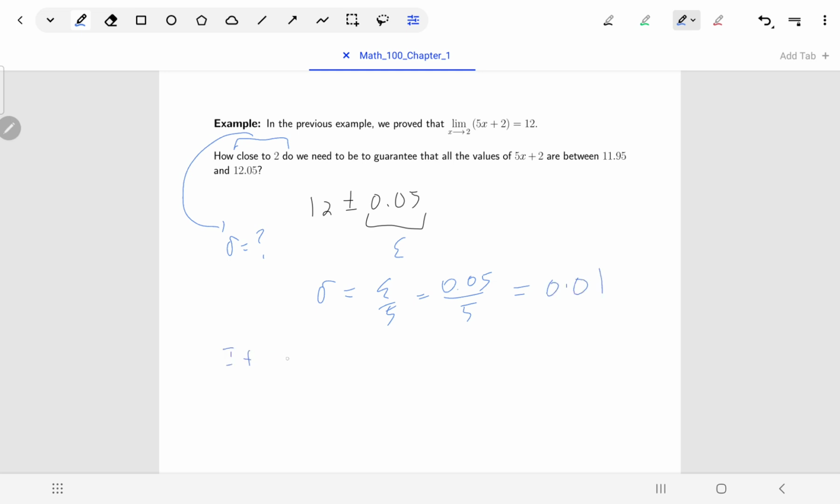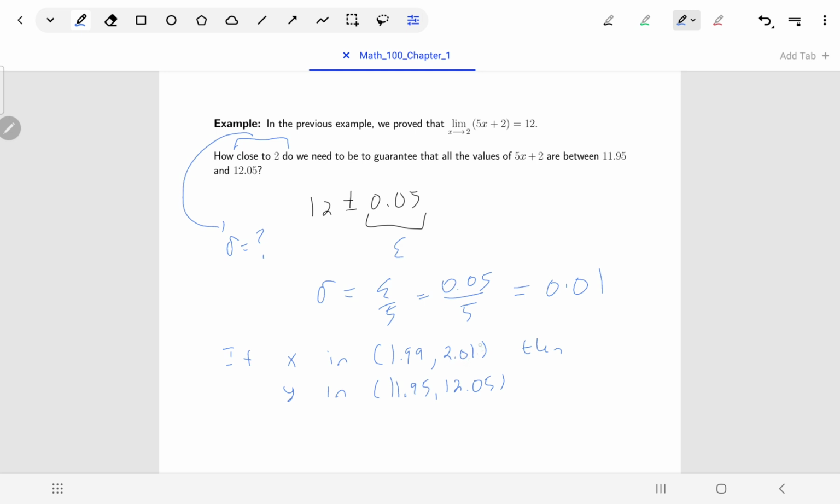So in other words, if my x values are within 0.01 of 2, so if they're between 1.99 and 2.01, then my y values are going to be inside the interval from 11.95 to 12.05. And that's sort of the whole idea of what our proof is showing, that you can pick any amount of closeness you would like, and I can tell you how close you'd need to be in terms of x values.